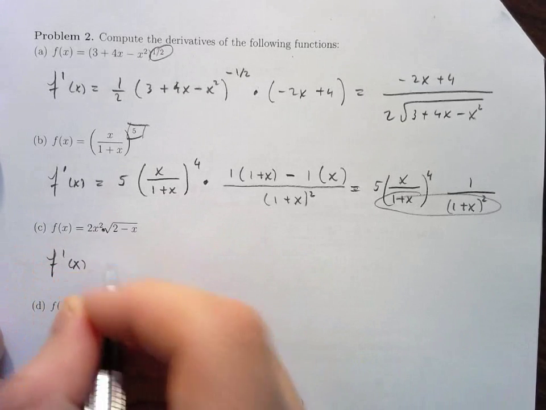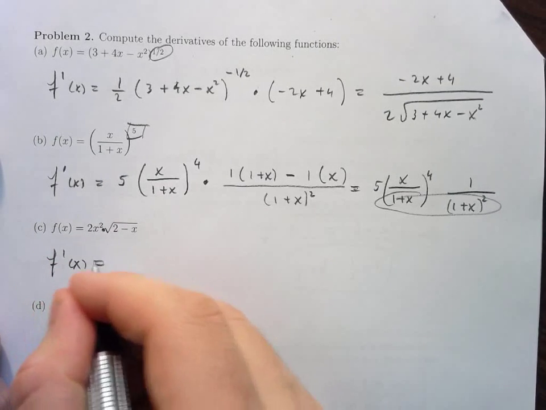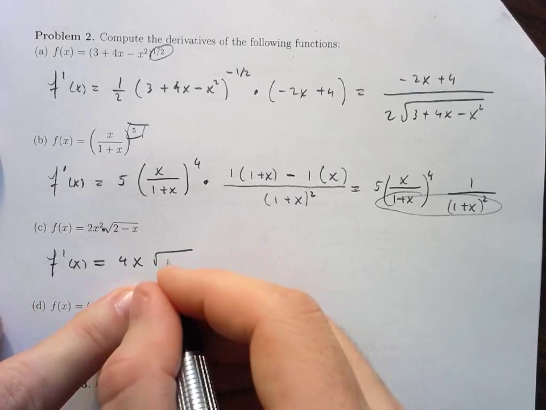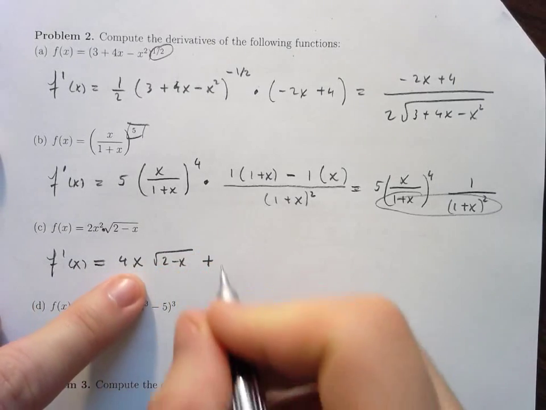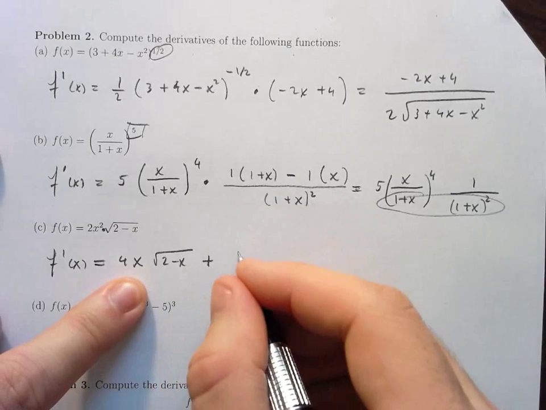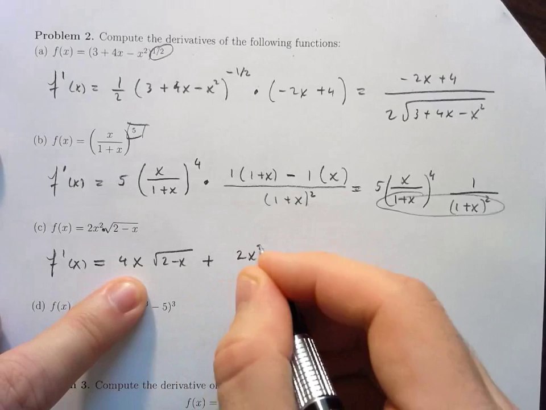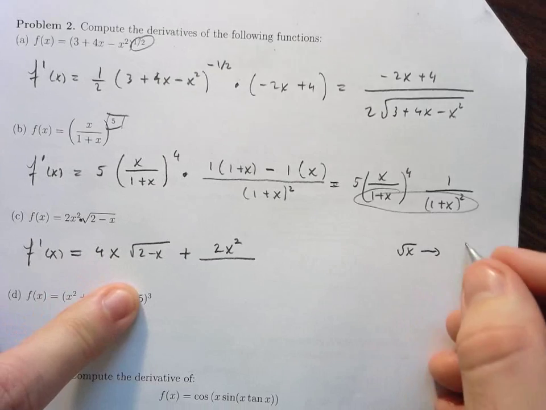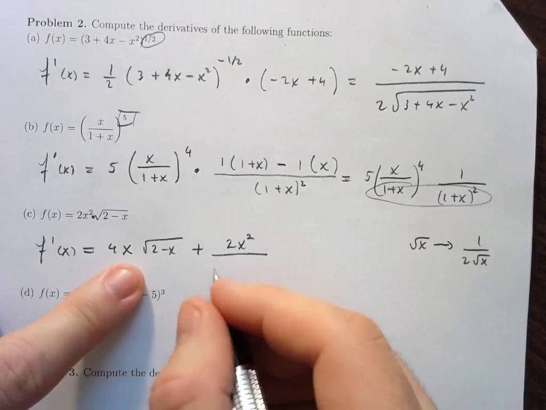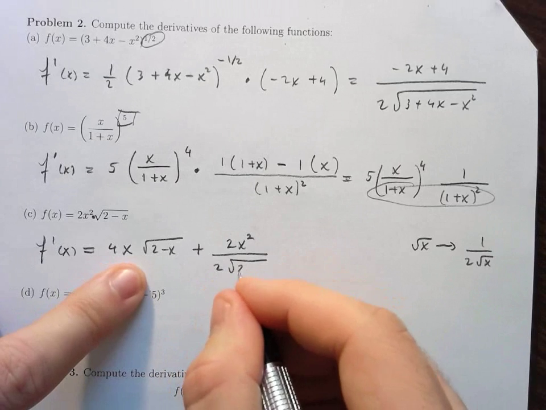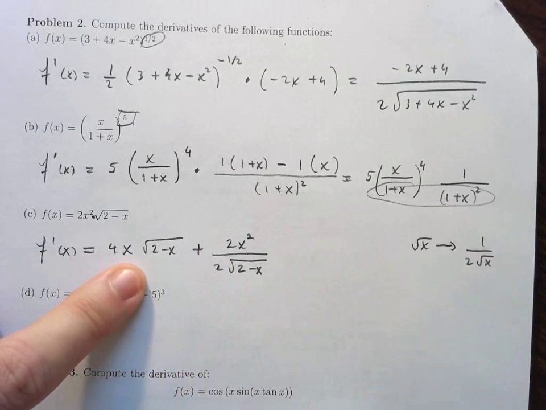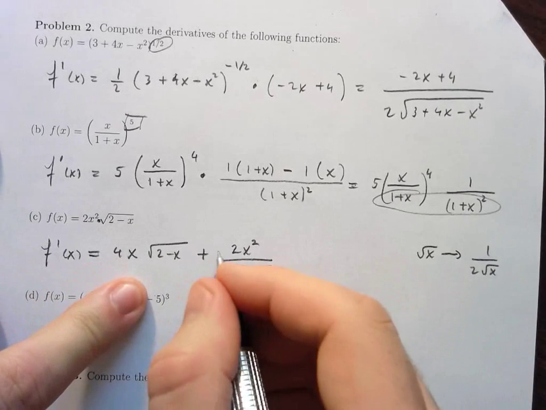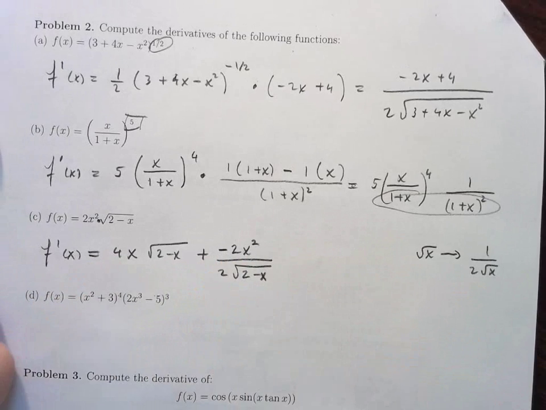And f prime then is going to be the derivative of the first, so the derivative of 2x squared becomes 4x times the second unchanged, 2 minus x, plus now the first function, so 2x squared, and I know that the derivative of, say, square root of x is going to be 1 over twice the root, so I get 1 over twice the root of 2 minus x, but I have now this 2 minus x here, which is the inside function, so I have to multiply by its derivative, which is negative 1. So I can just put the negative right there, and I'm done.